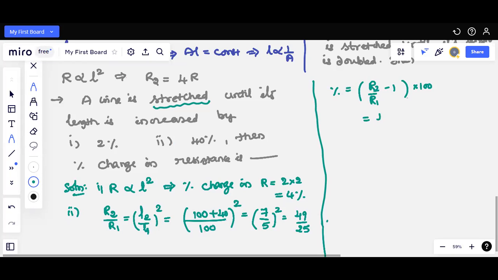So R2 by R1 is 49 divided by 25 minus 1, into 100. And how much are you getting? 24 by 25 into 100 after taking LCM. Right. 96, is it? Yes, exactly. 96%.